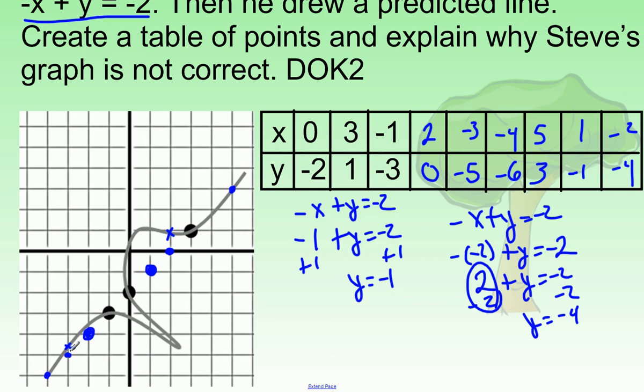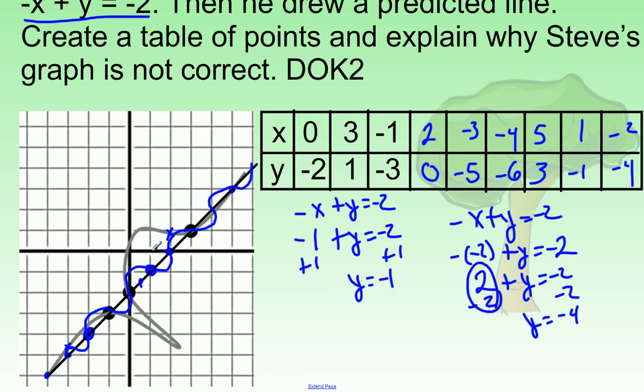So now we have 9 points on this line. I don't think Steve could justify his ugly line here anymore. It kind of has to be like this. Now, if Steve went back and said, whoa, how do you know in between these 2 points it doesn't zigzag and zig and zag like this and be some weird line? I could come back and say, well, we could plug in some more points. I could plug in 1.5. 1.5 would probably give me that point there.